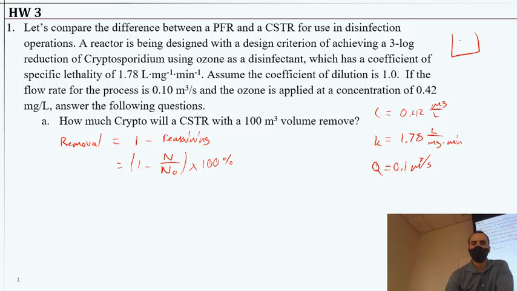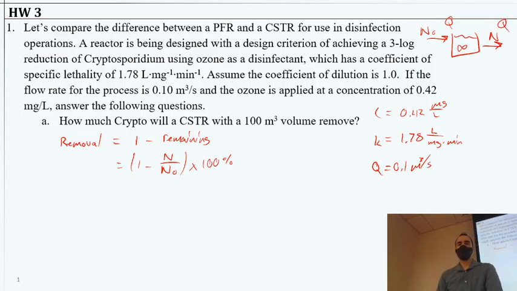This reactor is going to simply be equivalent to this CSTR, with N naught, an N, and a flow rate going through. There's also going to be our concentration of our disinfectant. So we have all those parameters, and the question is, how is this affecting N and N naught?